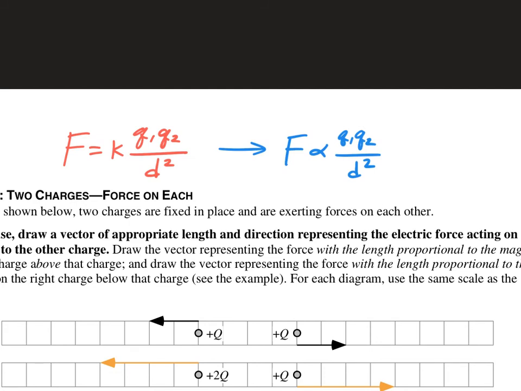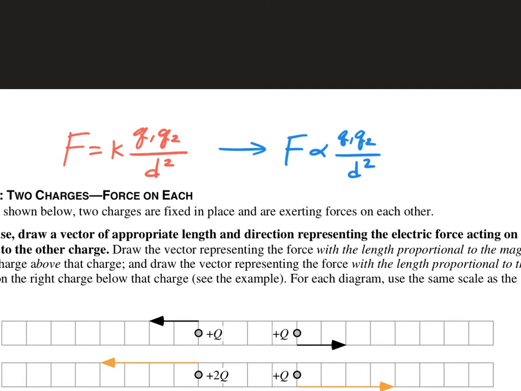So in the example that you could base all of your subsequent reasoning on, you have a charge separation of 4 blocks, and you have a force arrow that's 2 blocks long. And this is what you get when the charge magnitudes are 1. All right?